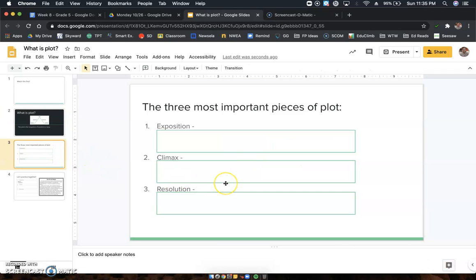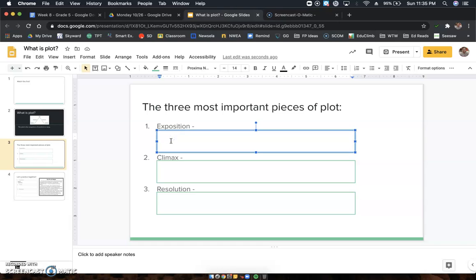Okay, the 3 most important pieces of plot. The first one is exposition. I want you to copy this down with me, please. We're going to ask the question, what is the setting and the characters? Okay.